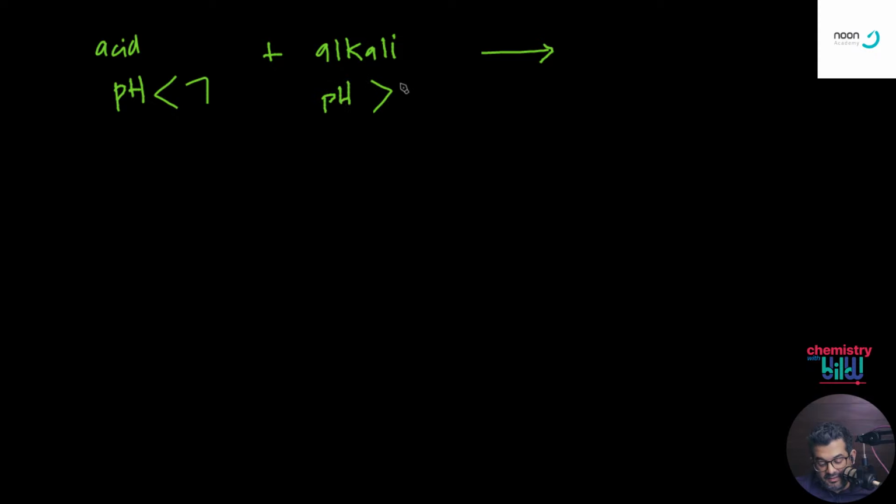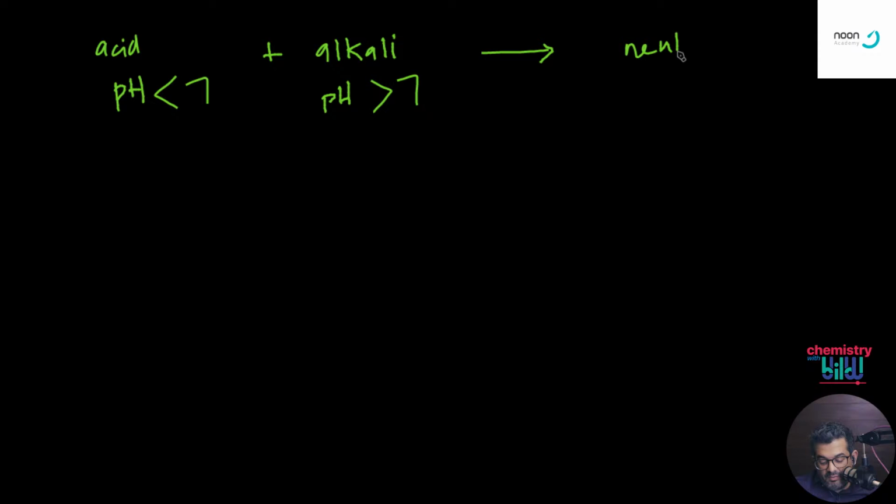Yes, you can add more water. There's no rule that you can't add more water. Yes, Arisha, it will proceed. So Arisha asked a question that you guys can see. My point is, you take an acid whose pH is less than 7, and you add an alkali whose pH is greater than 7.